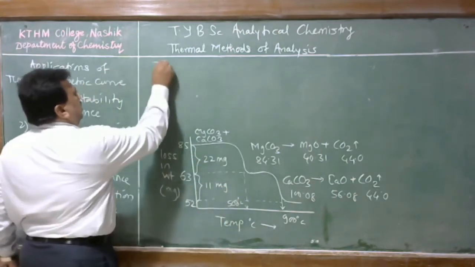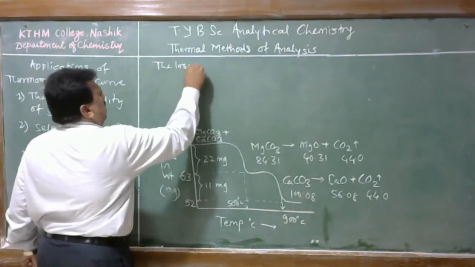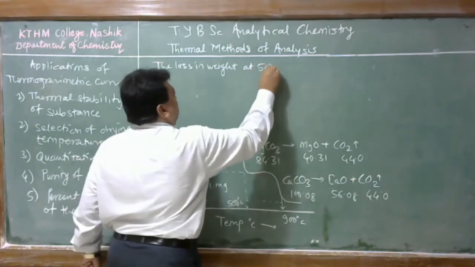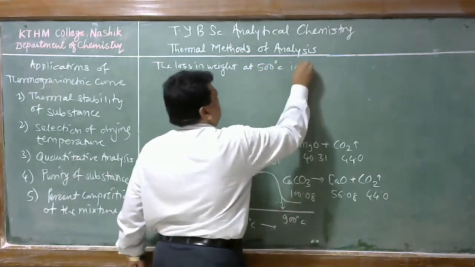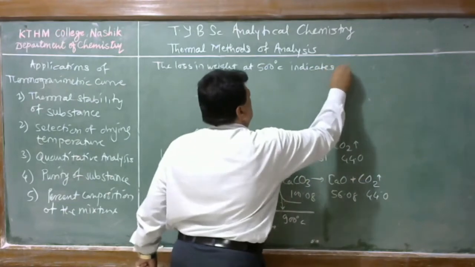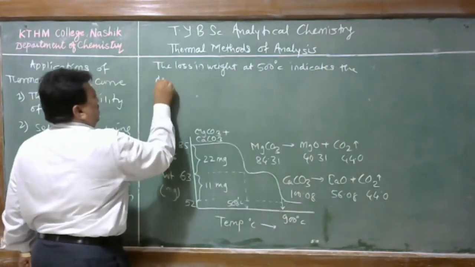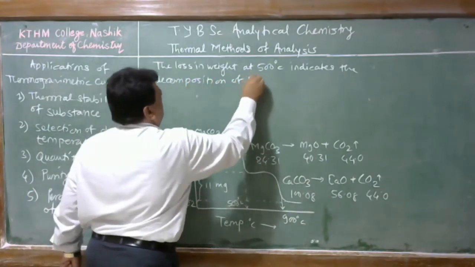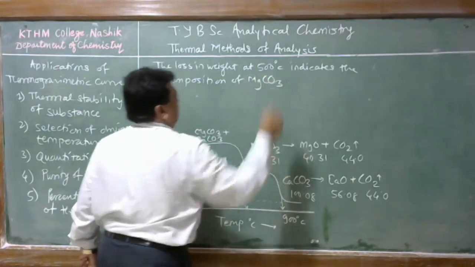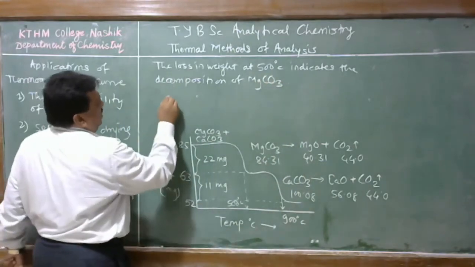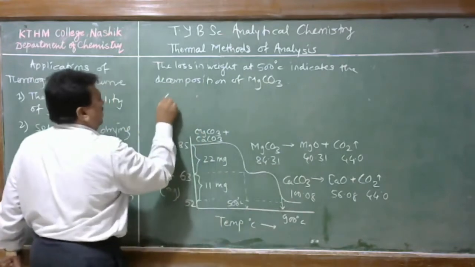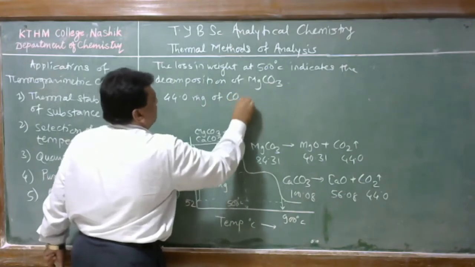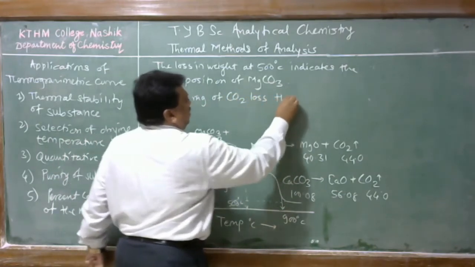Therefore, the loss in weight at 500 degrees centigrade indicates the decomposition of magnesium carbonate, MgCO3.